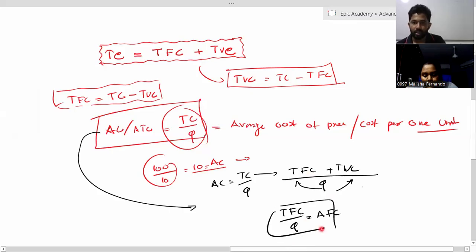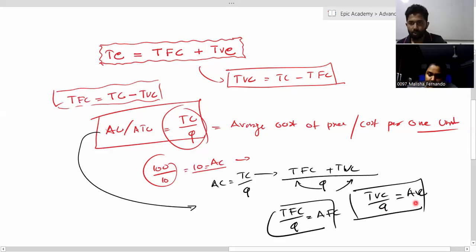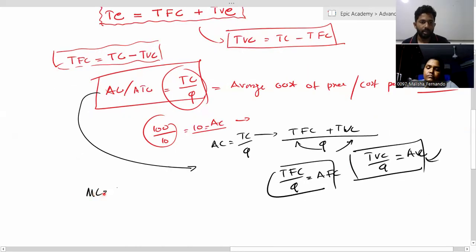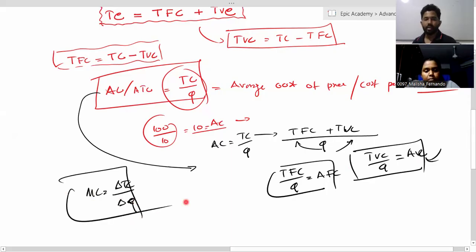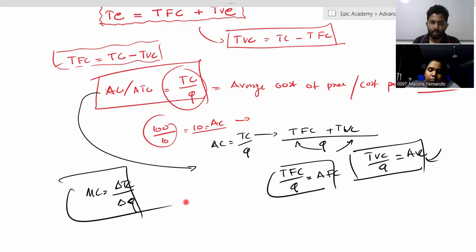TVC divided by Q means AVC, the average variable cost, the variable cost per one unit. And marginal cost is MC, which equals delta TC divided by delta Q, the difference of the total cost divided by the difference of the production. The cost per additional unit is represented by the marginal cost. That is how you can identify those things.